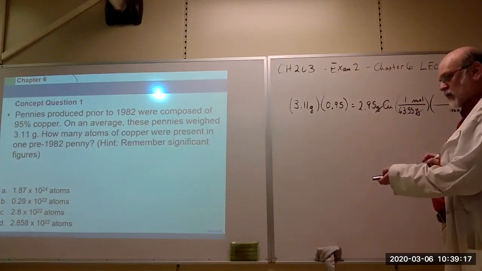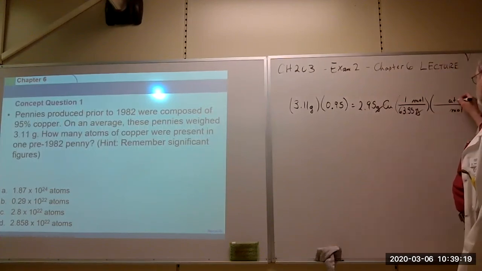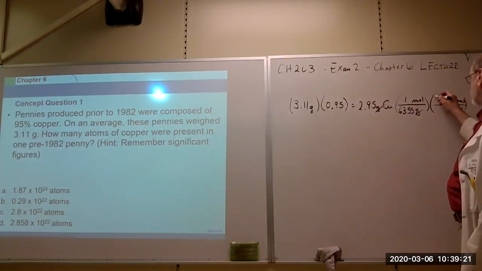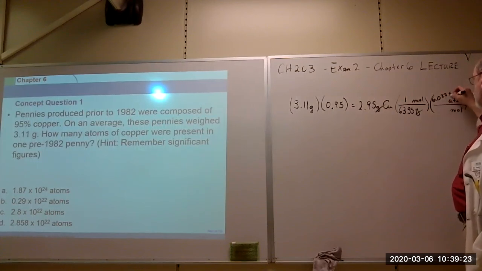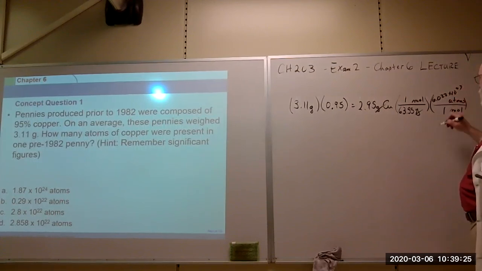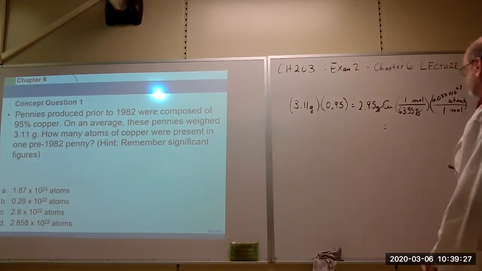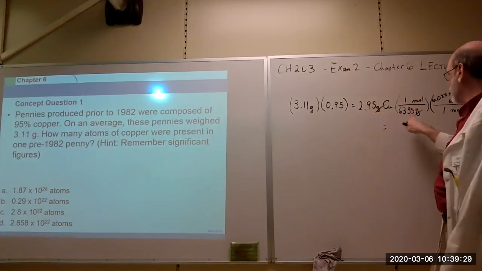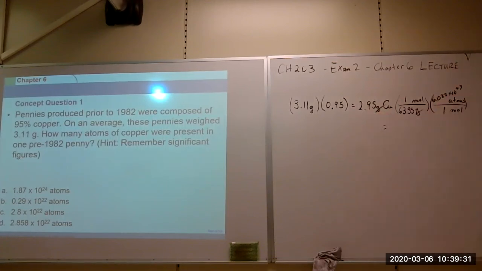Because that's our choices. 6.022 times 10 to the 23rd atoms per mole. So you just take this, divide by that, times that, and you got your answer. 2.8 times 10 to the 22nd atoms of copper.